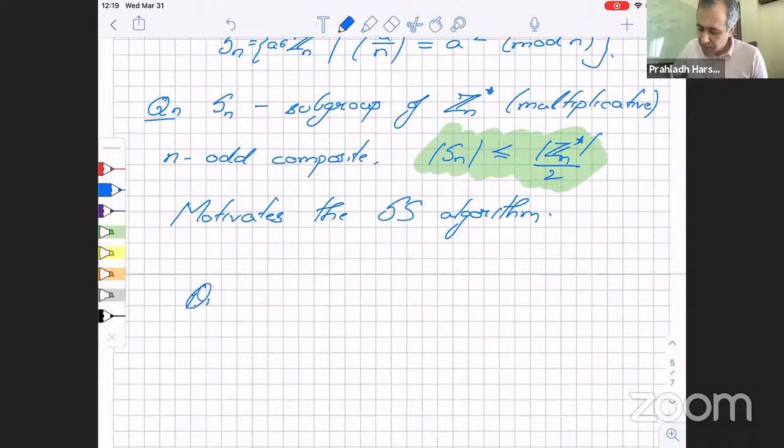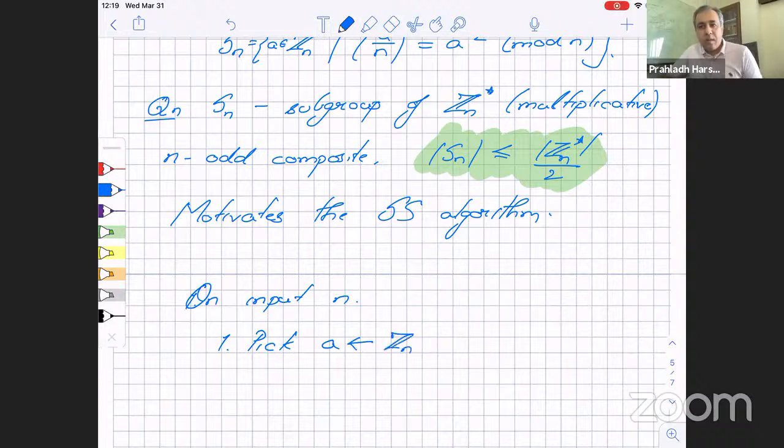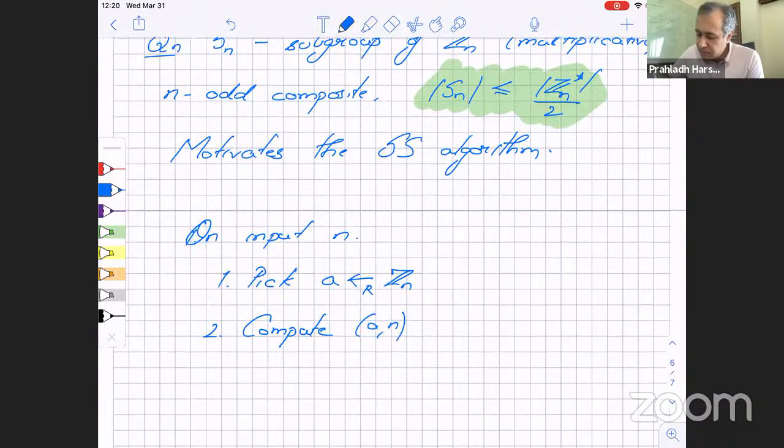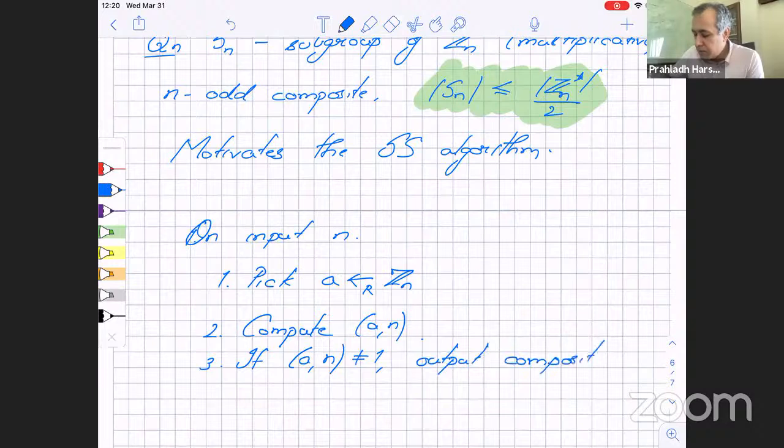On input n, let's pick a random A in Zn. Ideally, I would want to work with A, picked completely at random, and compute the GCD of A and n. If the GCD is not equal to 1, output composite.